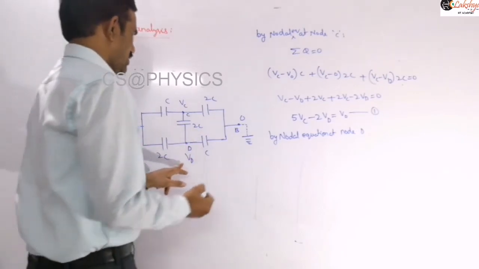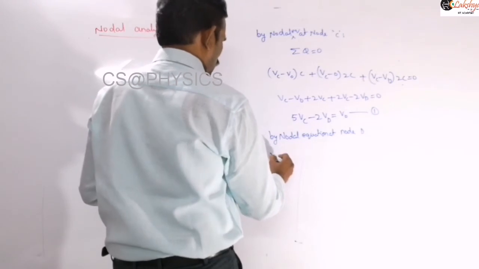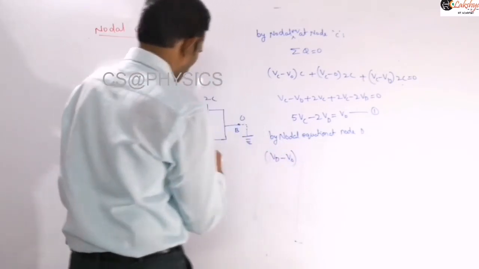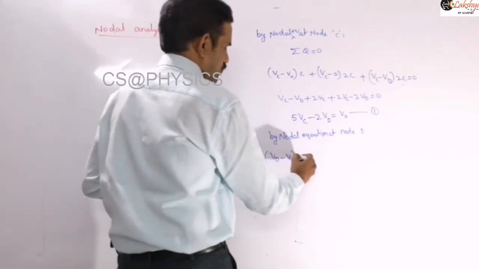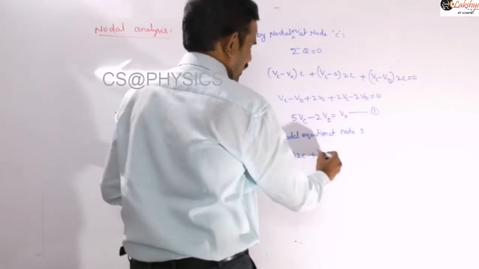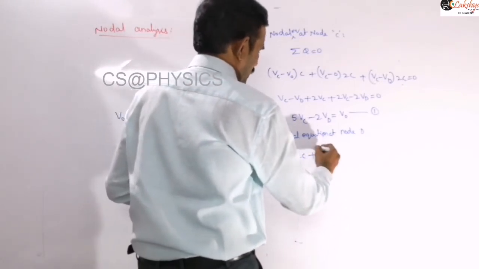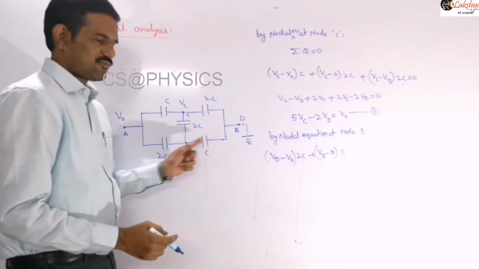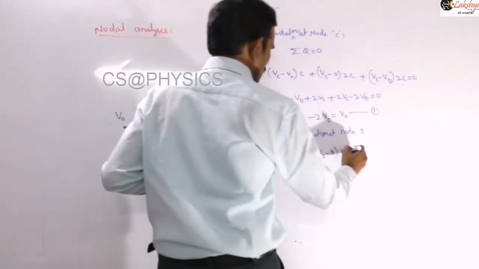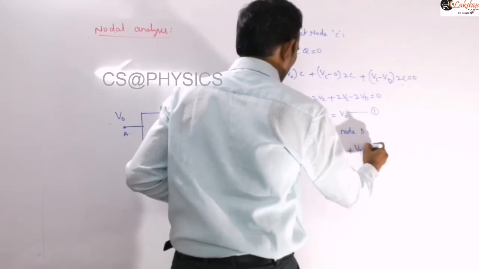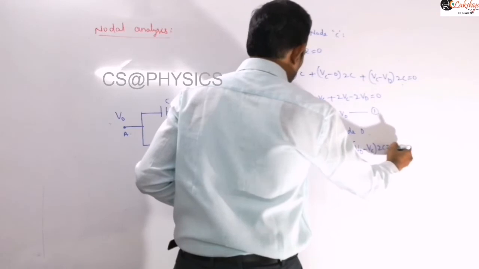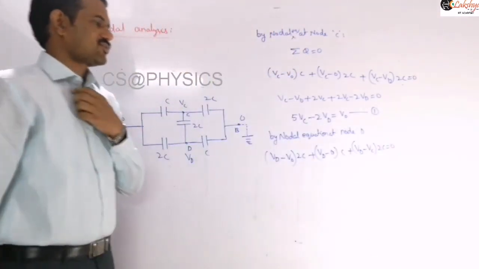I can write Vd minus V0 along this direction into 2C, plus along this direction Vd minus 0 into C, which is the potential difference between these two points. Next we write the potential difference between these two points, plus, assuming VD as the higher potential. When writing for that junction, we assume it as the higher potential.